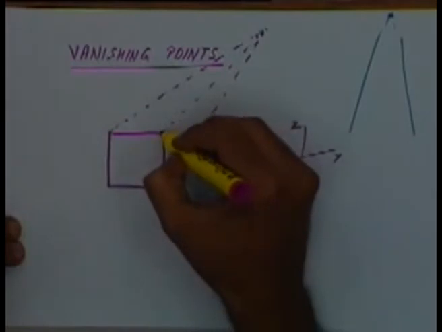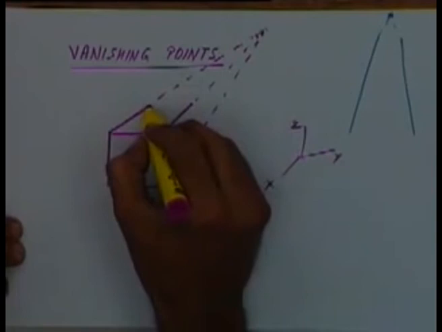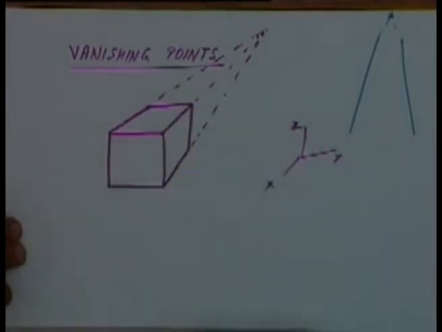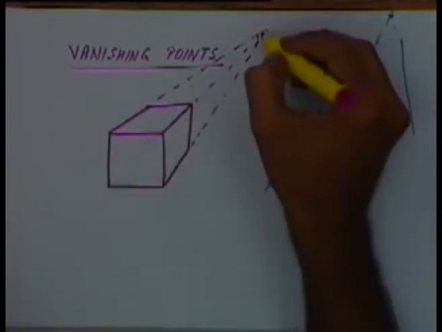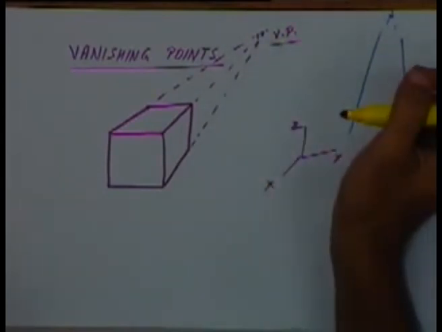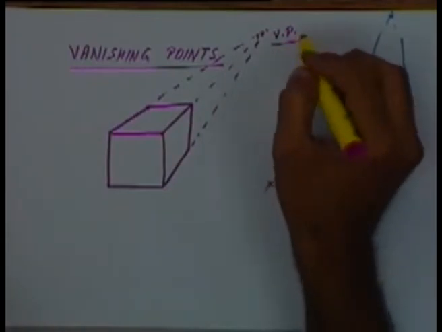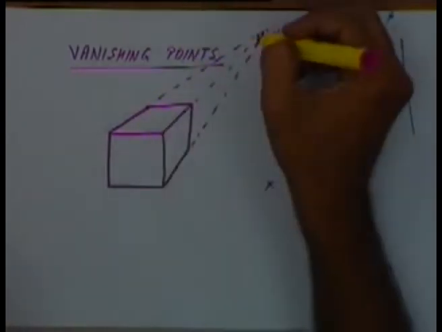So the view of the cube would look something like this, because the lines parallel to the x axis would seem to emerge from this point, which is our vanishing point. So a vanishing point is a point where a set of parallel lines will seem to come from.